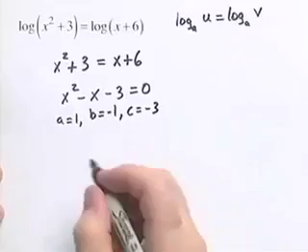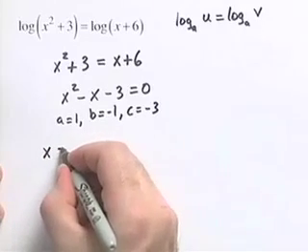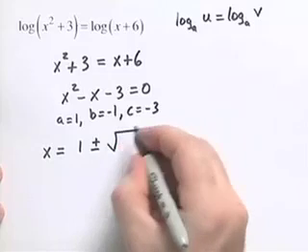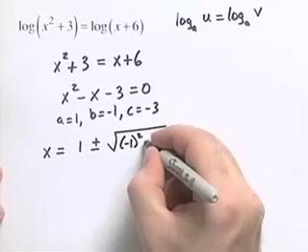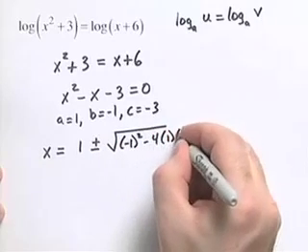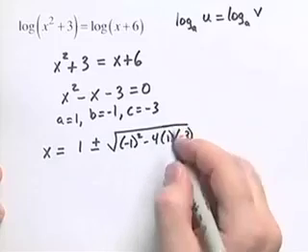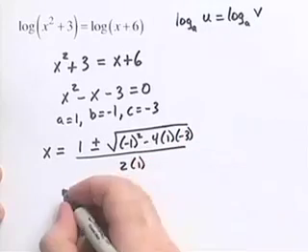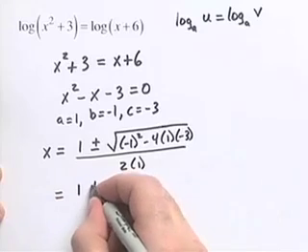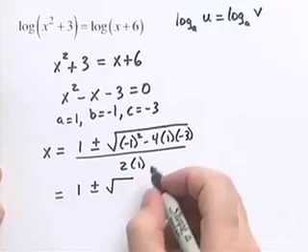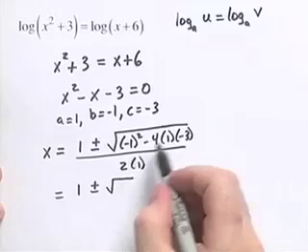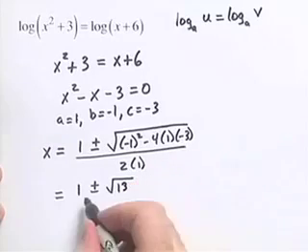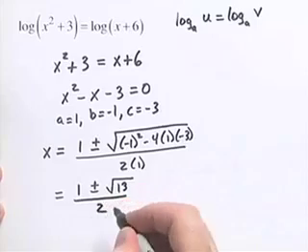If we plug these values into the quadratic formula, we get x is equal to 1 plus or minus the square root of negative 1 squared minus 4 times 1 times negative 3, all divided by 2 times 1. Look at this, 1 plus or minus the square root. If we evaluate the inside, we'll have 1 plus 12, which is 13, and then the denominator will be 2.